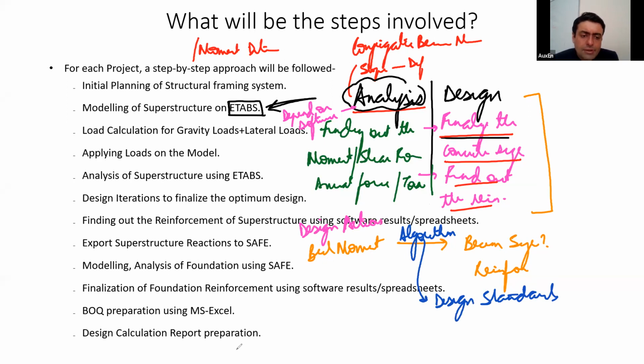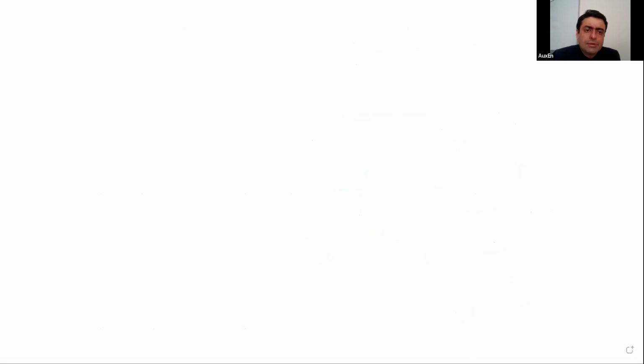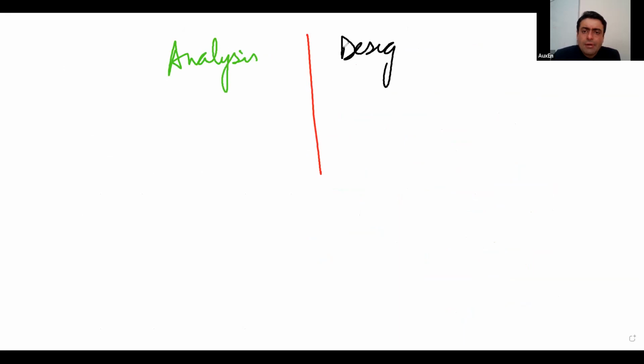I will take this to the whiteboard. Wait, it would be better. Are you able to see this whiteboard? Yes. So one part is analysis and the other part is design. I just want to give you a brief idea about this.